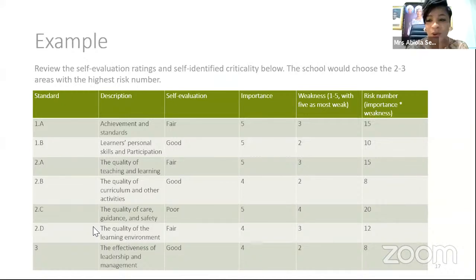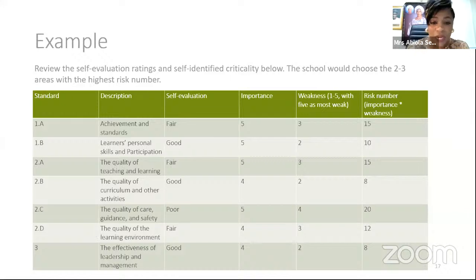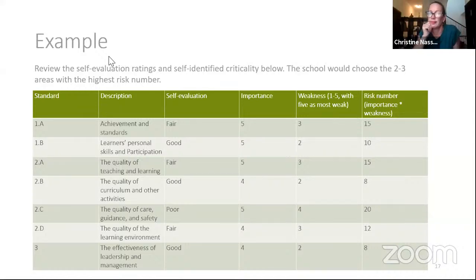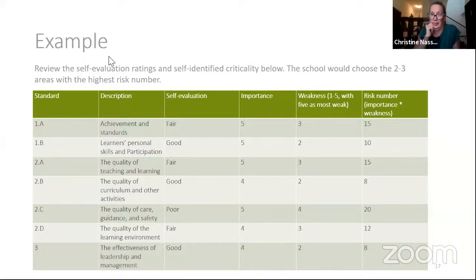I actually wanted to also ask a question. For the weakness, 5 is the most weak and 1 is strong or least weak. But for the importance, is 5 also the most important? Yes.